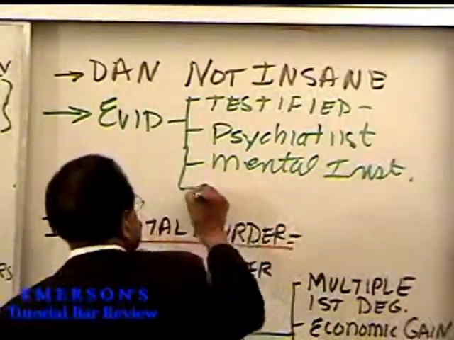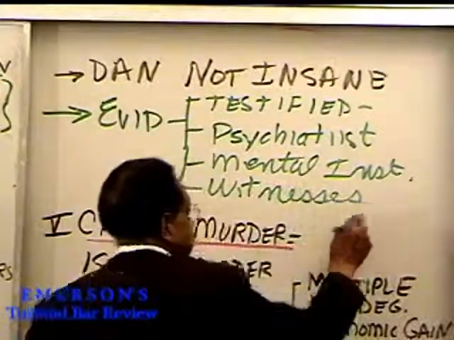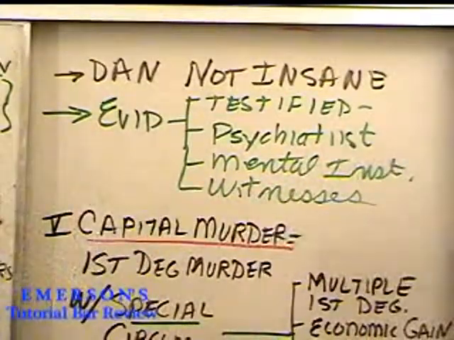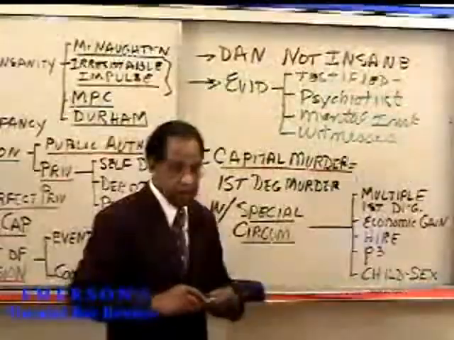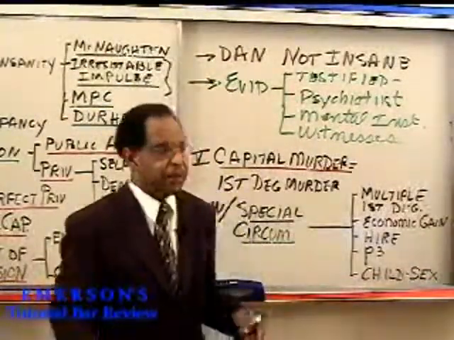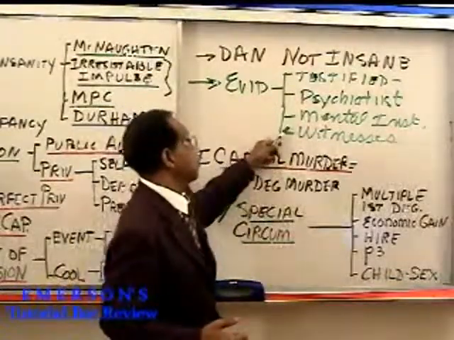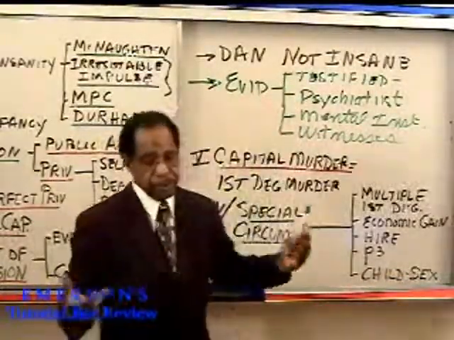And he had other witnesses who testified about his erratic behavior. And so you have people saying this guy has been behaving erratically. We don't know exactly the nature of the erratic behavior, but he behaves erratically. We've got the psychiatrist. He's been in and out of institutions, and he testifies himself, I couldn't control it.